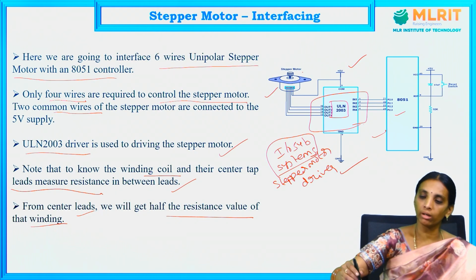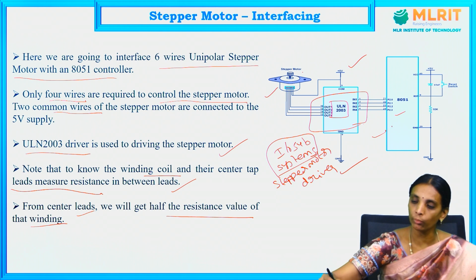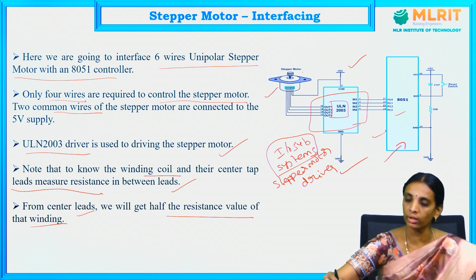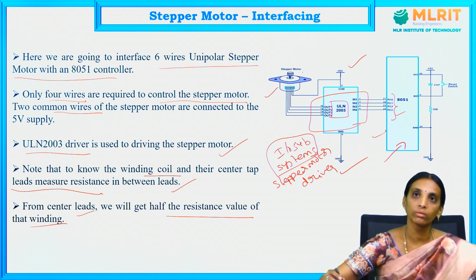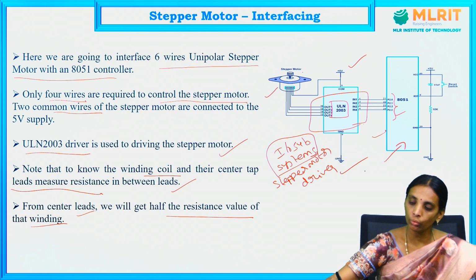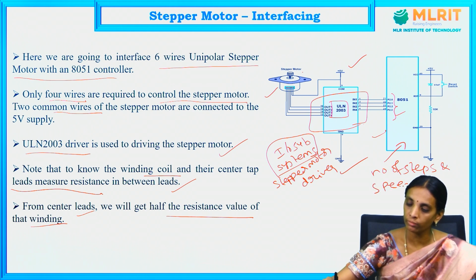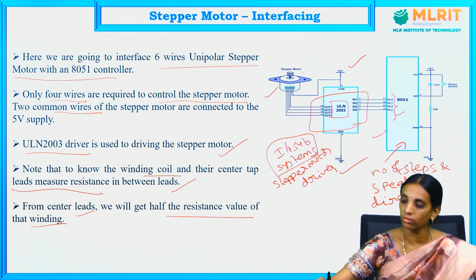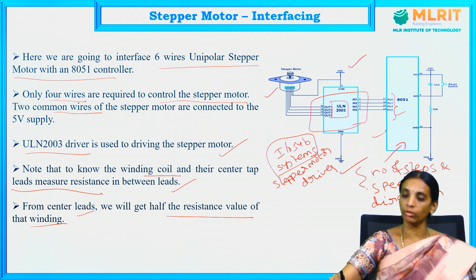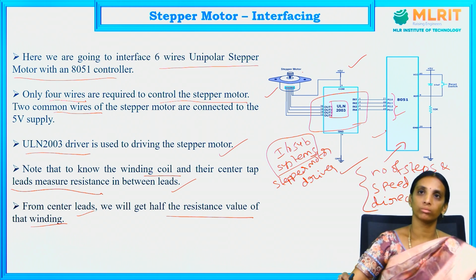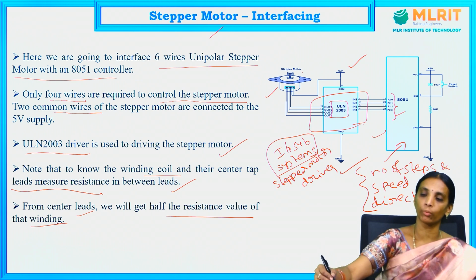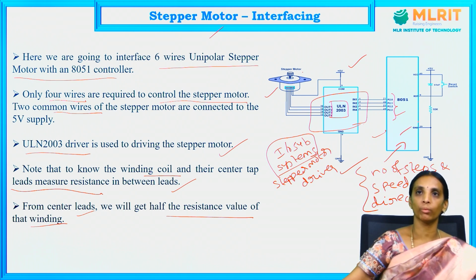So we have to write our program to the microcontroller, using these ports to rotate the stepper motor for the number of steps, depending on the speed and the direction of the motor. All these will be controlled for our stepper motor in our program using 8051 programming.